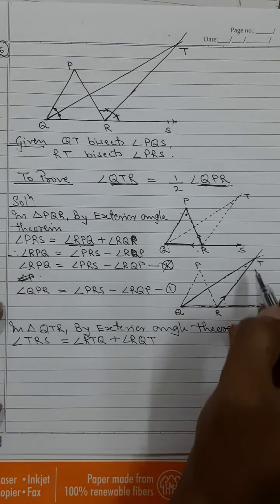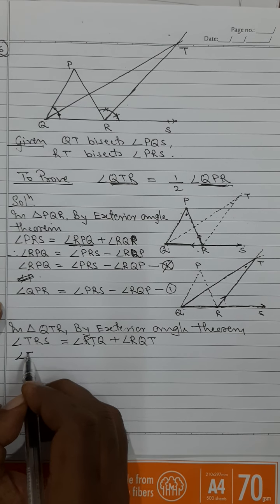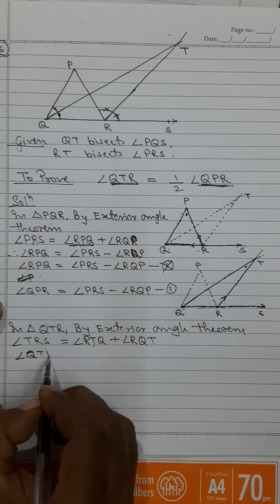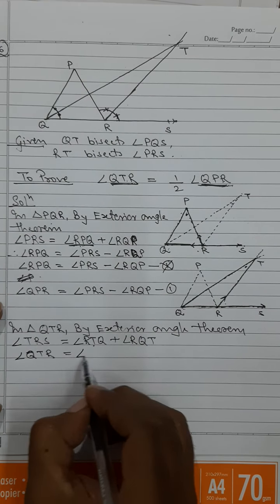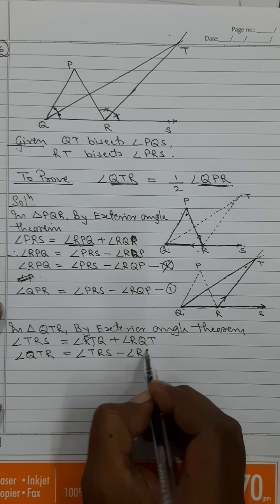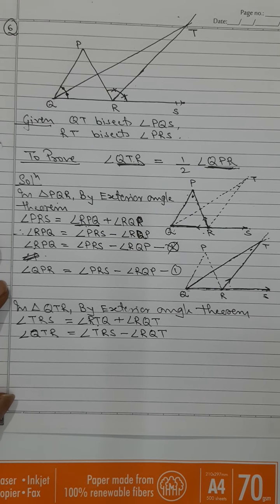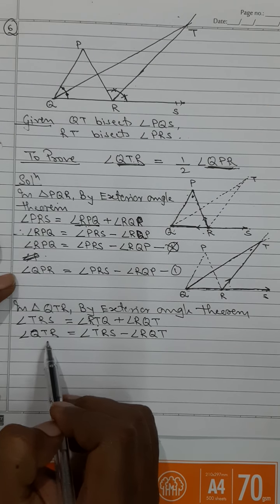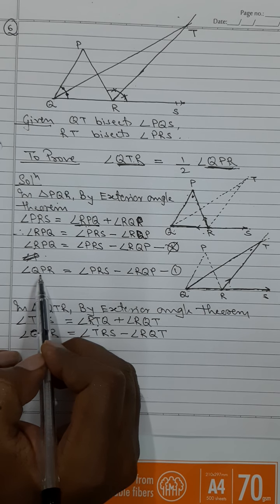And here I want angle QTR, so I am writing in the proper order. This will go over there. Angle QTR is equal to angle TRS minus angle RQT. Fine.